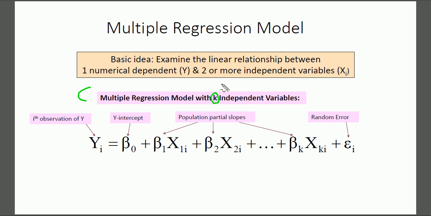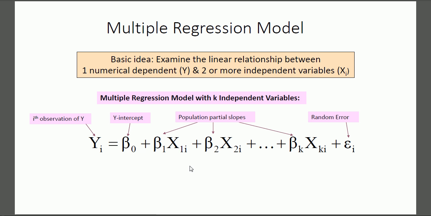If k was equal to 1, that would mean we only have one x variable, and all of this would be crossed out, and all we would have is this here, and of course the error term, but only one x, so only one beta. That becomes a simple linear regression. But since we have k of them, this is multiple regression.